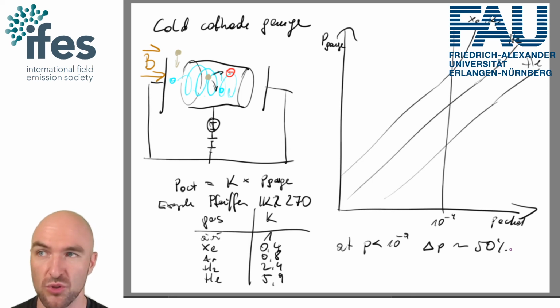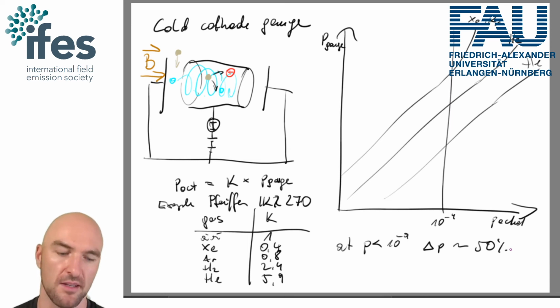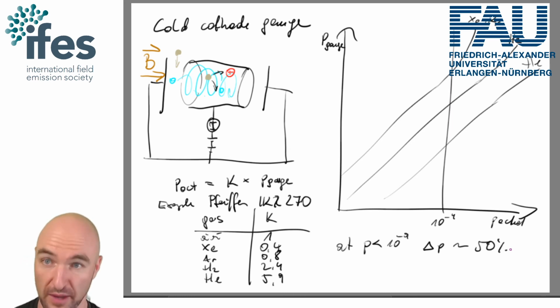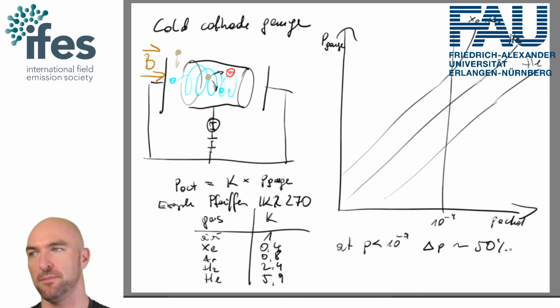So do not give too much attention to the actual pressure reading. Do some critical thinking about what the pressure reading could mean: have I calibrated it against something that I know? Do I understand what kind of gases I have in my system, so that I can properly interpret what the pressure is in the system?